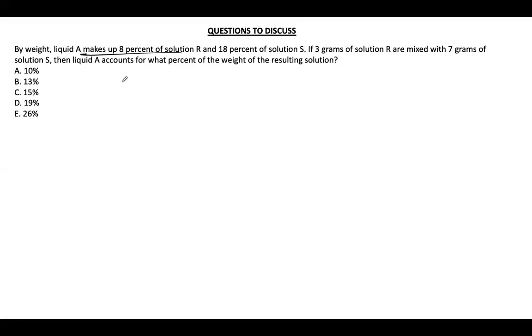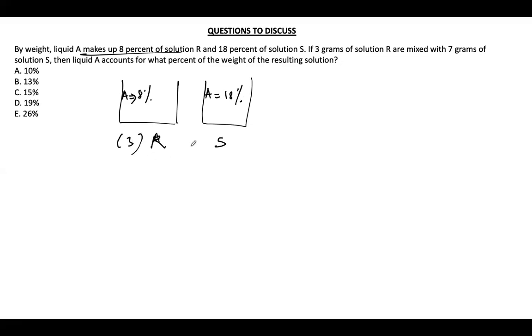By weight, liquid A makes up 8% of solution R. So this is solution R, it has 8% A. A is 8% of R. And in solution S, it's 18% A. If 3 grams of solution R is mixed with 7 grams of solution S, then liquid A accounts for what percentage of the weight of the resulting solution?